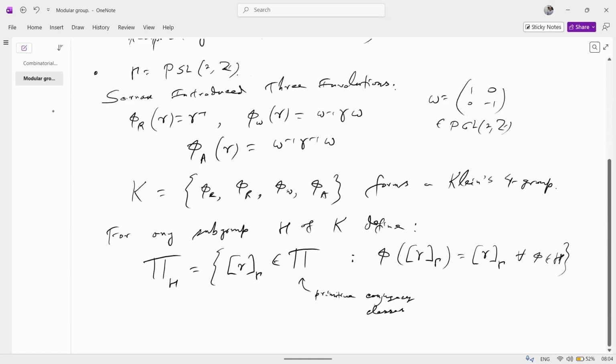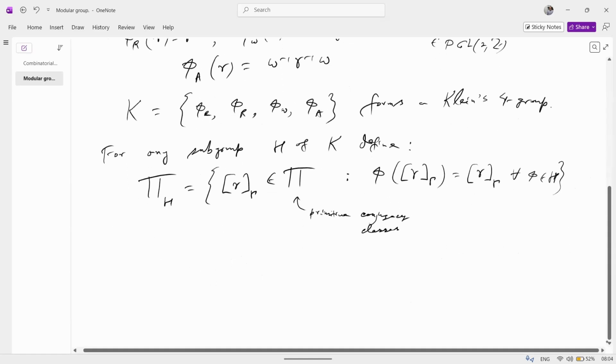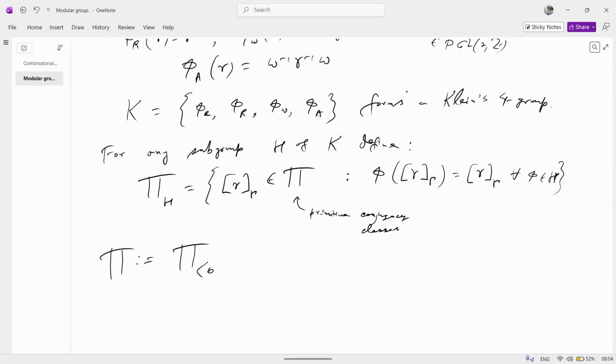In particular, if you take the individual element, then the set of all primitive conjugacy classes is those invariant under the identity map.